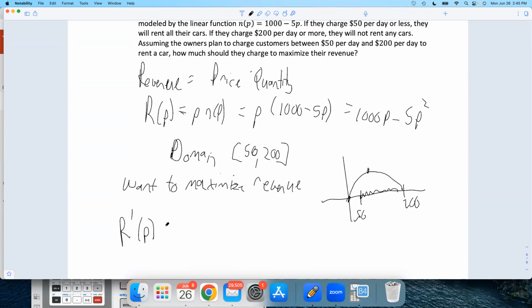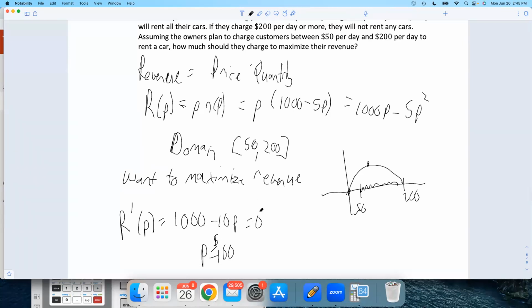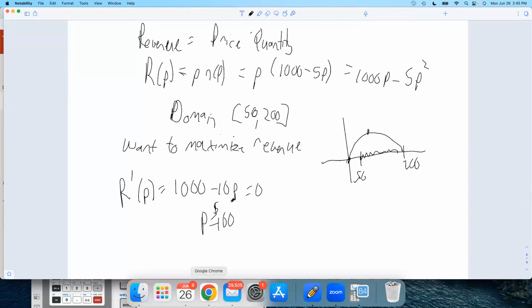R prime of P will be 1,000 minus 10P. I set that equal to 0. We get P equals $100. Profit is maximized at $100. And again, I don't have to check the endpoints.